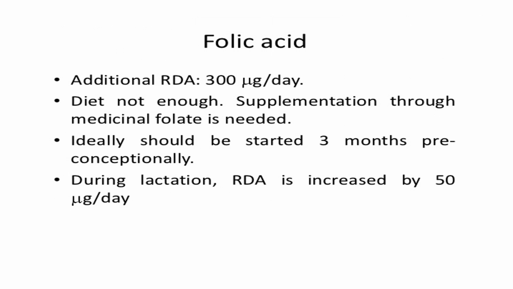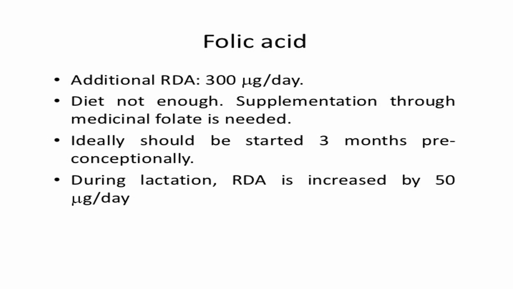During the pregnancy, the recommended daily allowance of folic acid is 300 micrograms in a day. So even if the mother is taking proper food, it won't be sufficient for meeting the folic acid need. So it is better to give folic acid supplementation through medicines.